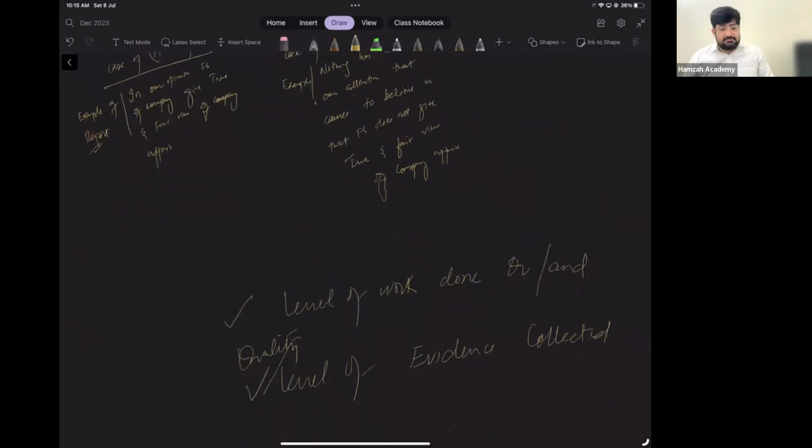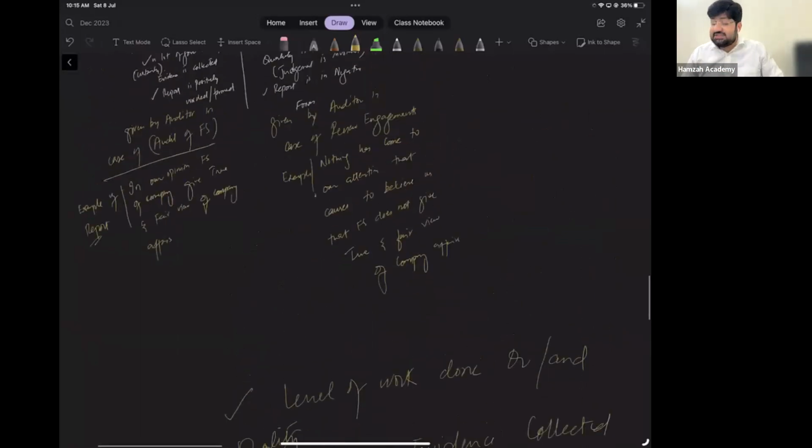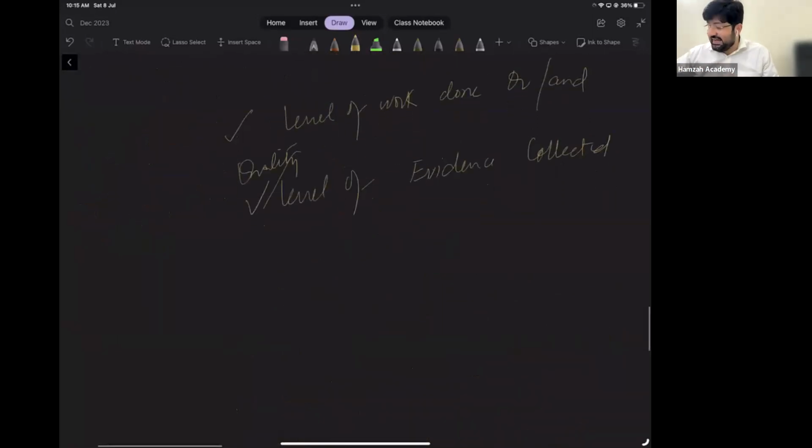So students, same is the difference between audit and review engagement. Audit of financial statements and review of financial statements. Same is the difference.